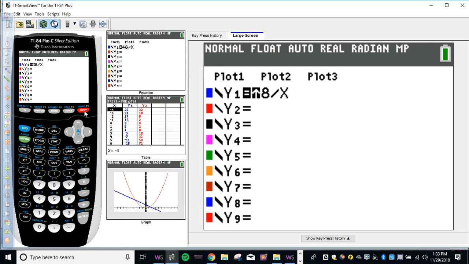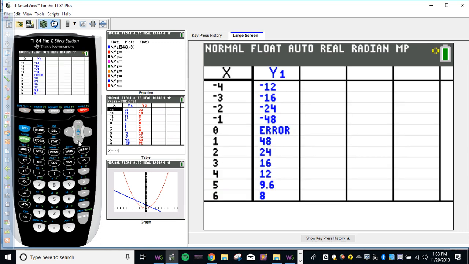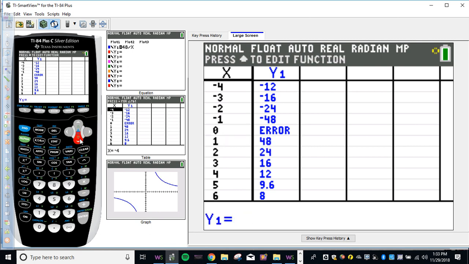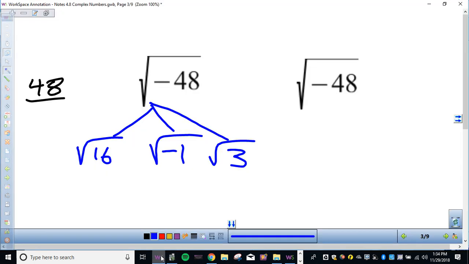Look at the list of factors, and I'm looking over here on this y1 side to find the biggest number I can evenly square root. So that's why I got 16 and 3. If you're not good at coming up with that list of factors, use that graphing calculator. It'll help you out a ton. So we get 4i square root 3.